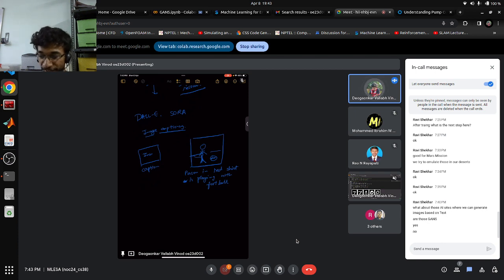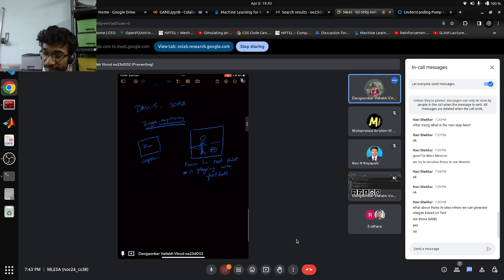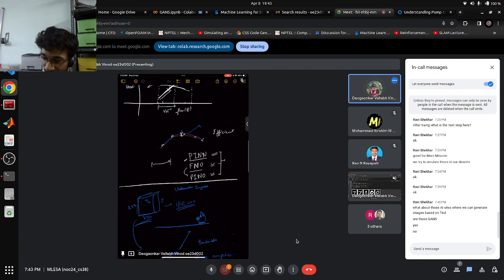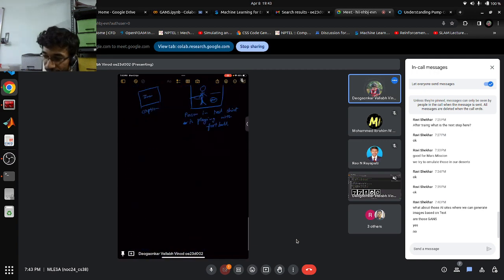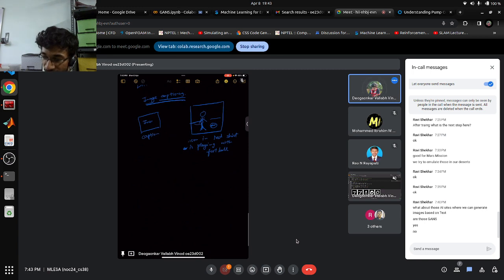In this image captioning example, what I tried to show is that the network can understand using these LSTMs. This entire thing, the caption, can be interpreted as a sequence.